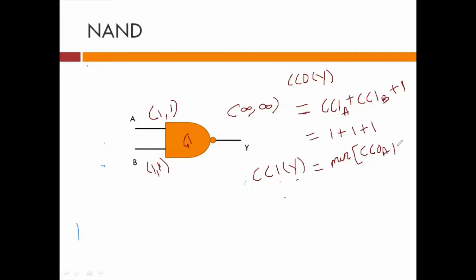So either A is going to be 0 or my input B is going to be 0. So I close this, plus 1 for the increase in the level. So what do I get again? What is the minimum? 1, because both values are 1 and 1, so 1 plus 1 is 2. So in this case I will update this value. So this has now changed to 2. My CC1 is 2 and CC0 for a 2-input NAND gate is 3. So this is what I have computed.